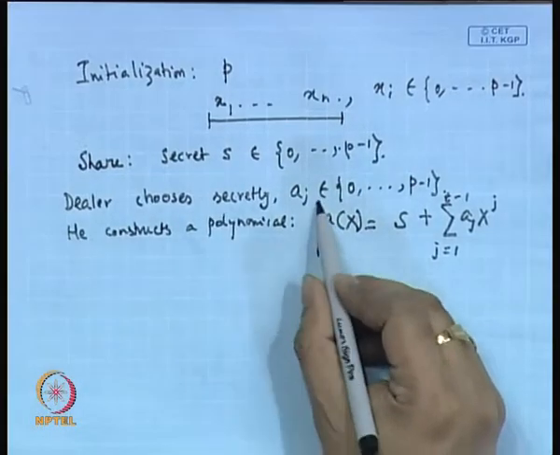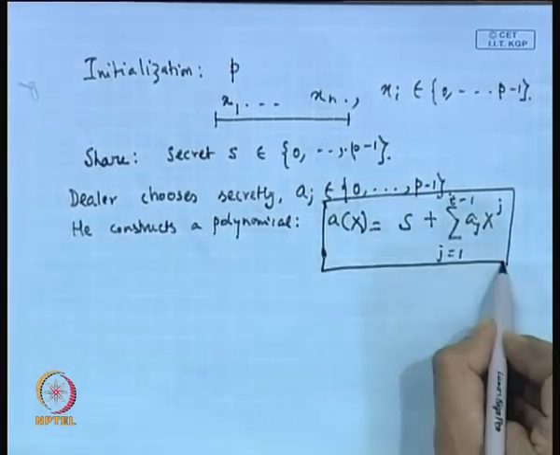This is the polynomial which the dealer creates secretly.